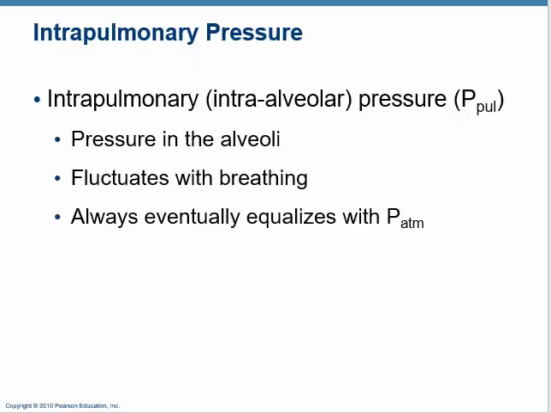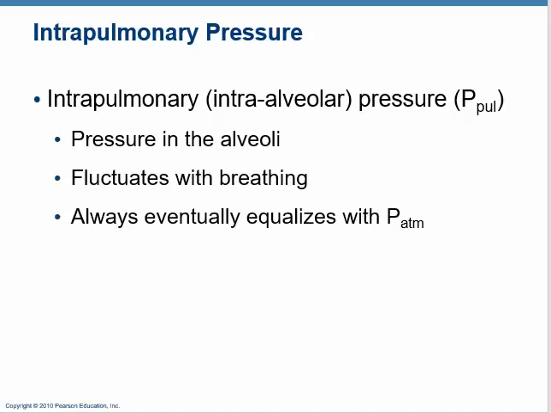Now, because we don't really significantly open our respiratory passages and close them, they will equalize to atmospheric pressure all the time. So we'll have a negative pressure temporarily, it will equalize to 0, to atmospheric, and then we'll end up with a positive pressure, and that's how we breathe in and we breathe out.